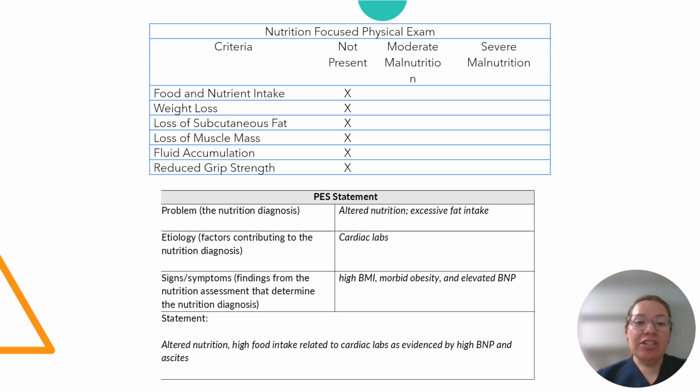However, I found in the chart that she had ascites, which is the accumulation of fluid in her stomach. But when I visited her, she was already okay. The grip strength, I wasn't able to do it. And the PES statement, I put altered nutrition, high food intake related to cardiac labs as evidenced by a high BNP and ascites.